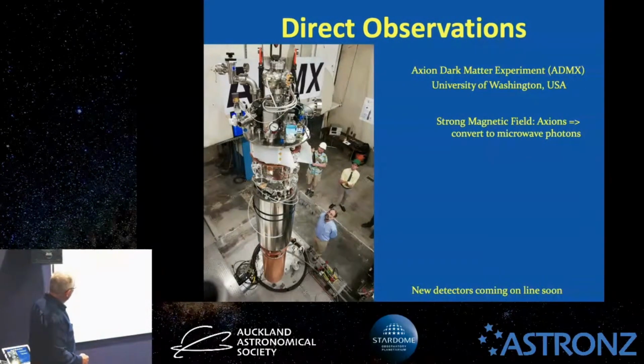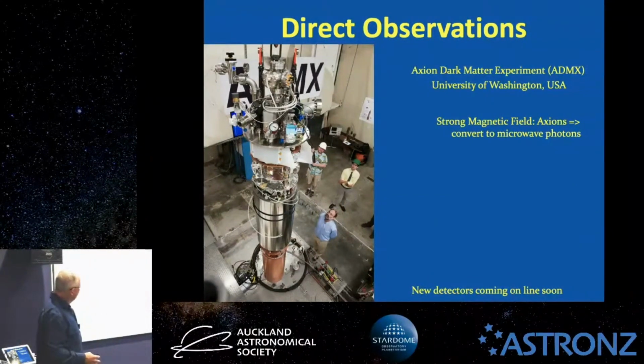Then the axions, and the detection of axions is based around the principle that these hypothesized particles, according to the theory, if they go through a very strong magnetic field, will get converted to microwave photons. So the idea is to try and set up your magnetic field, hope that an axion, if they exist, travels through your magnetic field and converts and gives off a microwave photon.